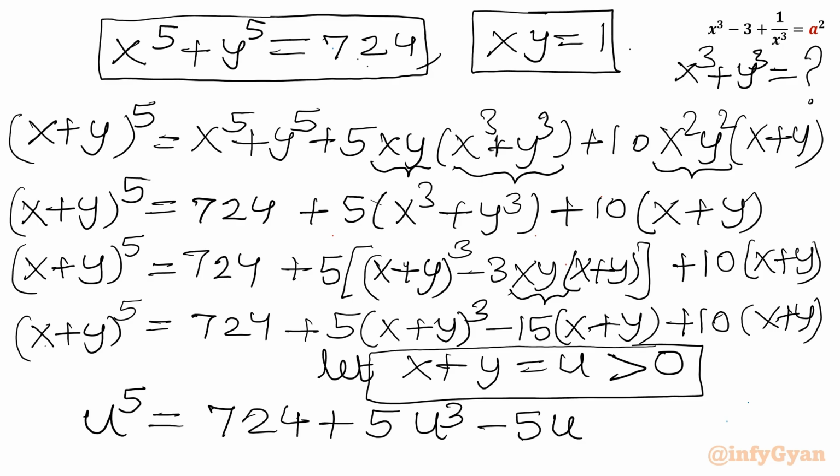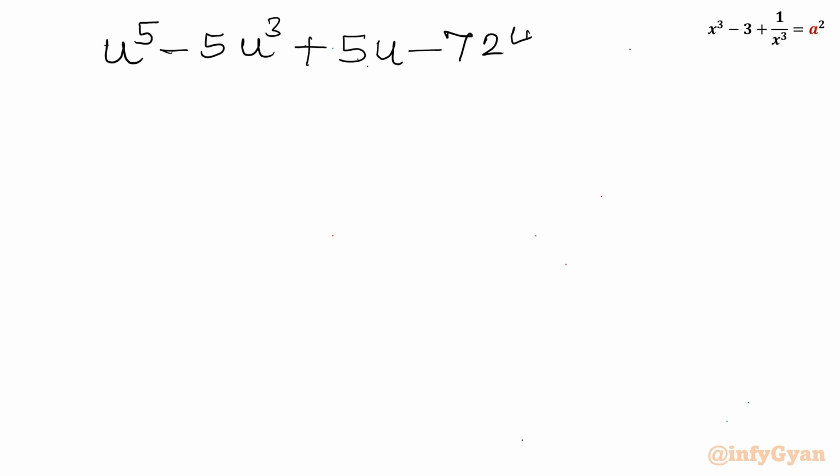Let us rewrite here. So u^5 − 5u³ + 5u − 724 = 0. Now this is one quintic equation. I will use rational root theorem and synthetic division method to solve this. Condition on u is u should be always greater than 0.